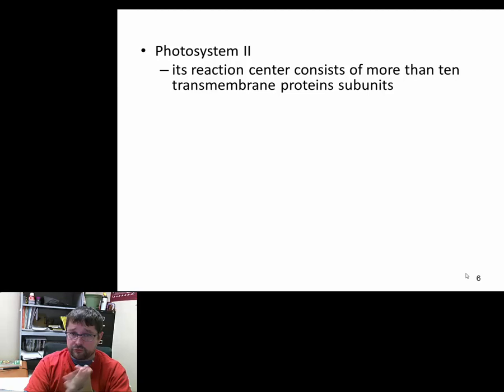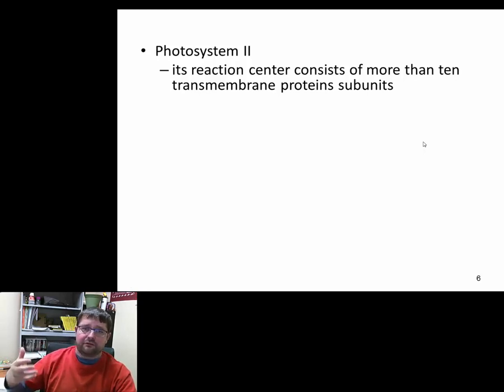So Photosystem II, its reaction center consists of more than 10 transmembrane proteins. And the reason why I don't give you a hard number here is it really depends on the plant species. Different plants will have different numbers. Their photosystems are a little bit different. But they have a lot of transmembrane proteins in these reaction centers.